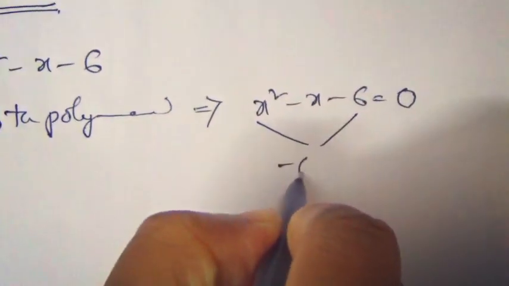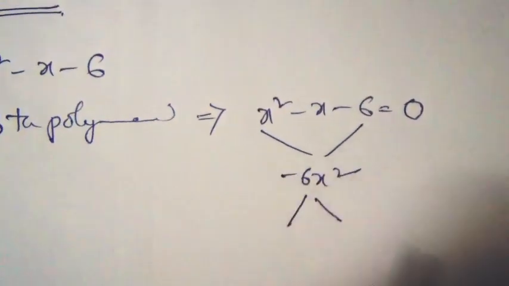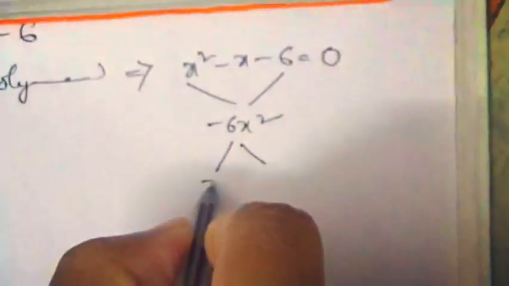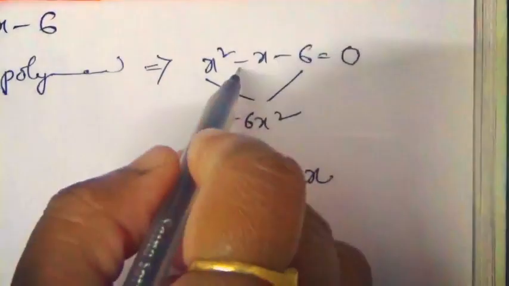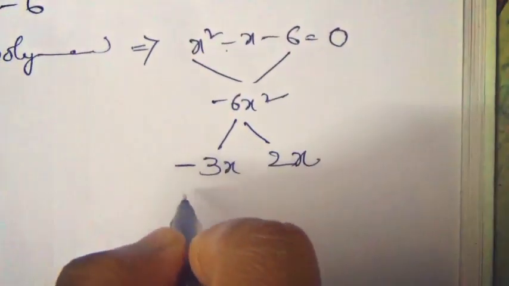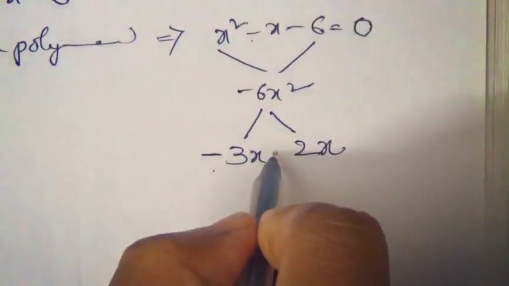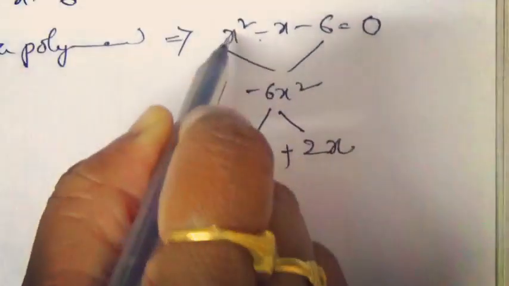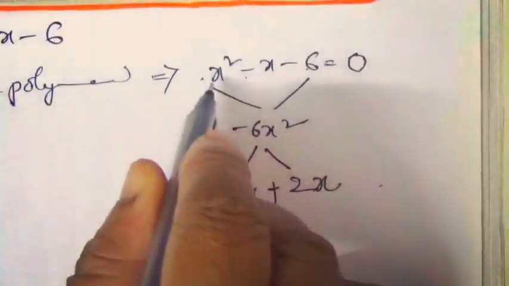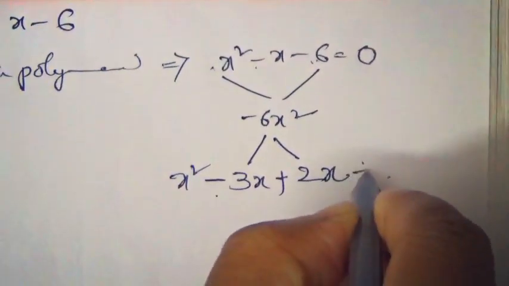So do the factorization. 3 2's are 6, x into x is x square, but minus x I want. So keep minus in front of the highest number, plus 2x. X square as it is, you just write the x square coefficient as well as the constant term.